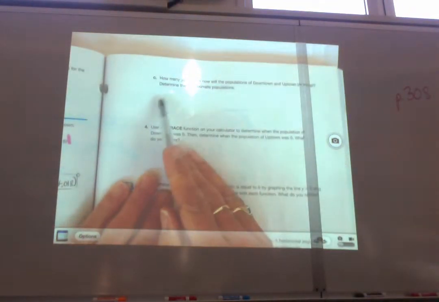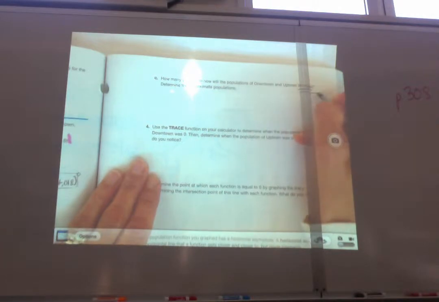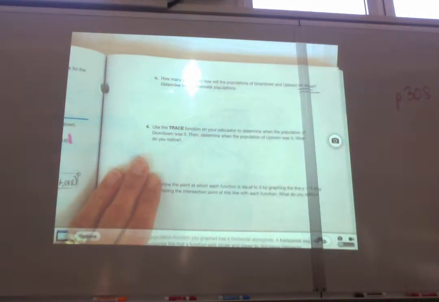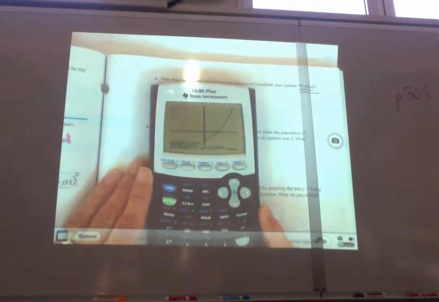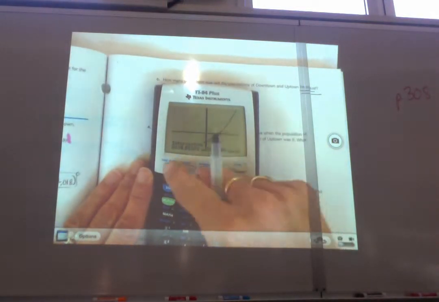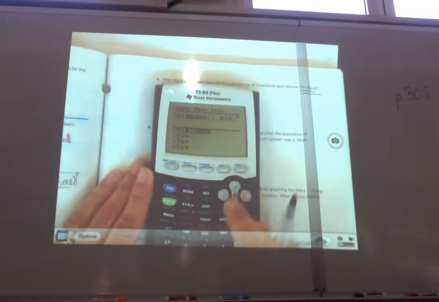C. How many years from now will the downtown and uptown populations be equal? What will that look like on the graph? Two exponentials crossing. So let's go back to y equals. That is uptown's formula.